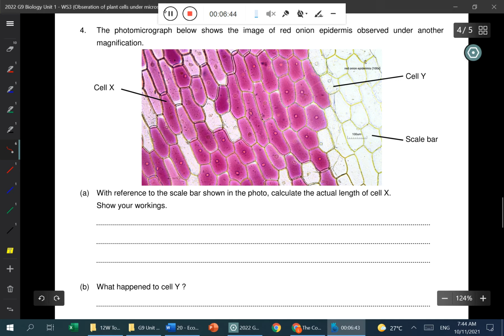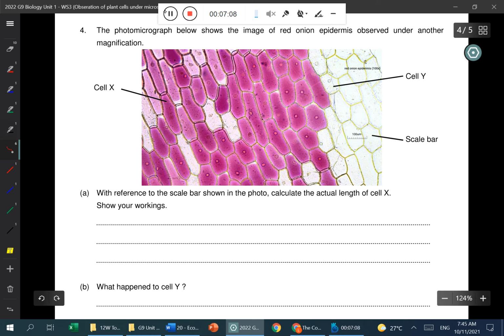So either we will write it like this in the title or stated within the photo, or we would use a scale bar like this to tell you the magnification. So let me explain a little bit more about the scale bar.